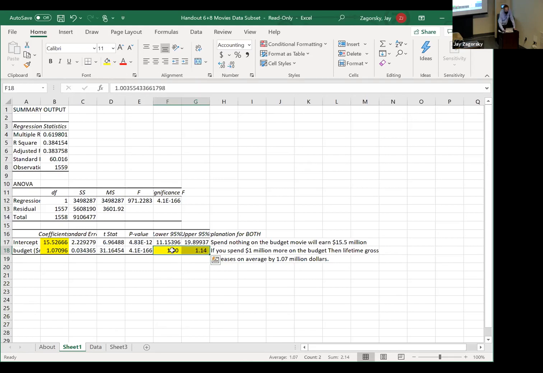It could be as low as spend 10 million, get 10 million. Or it could be spend 10 million and get an extra 1.4 million. Sorry, I'm off by a decimal place.